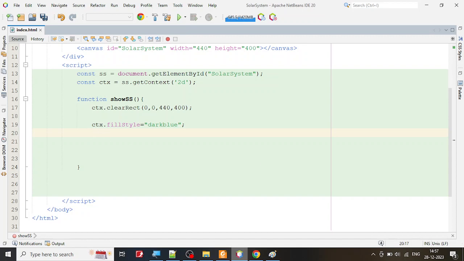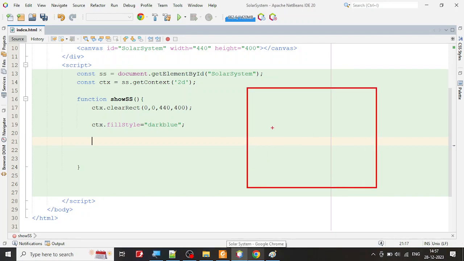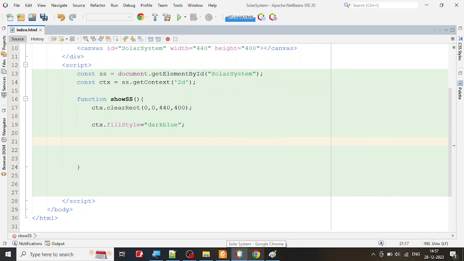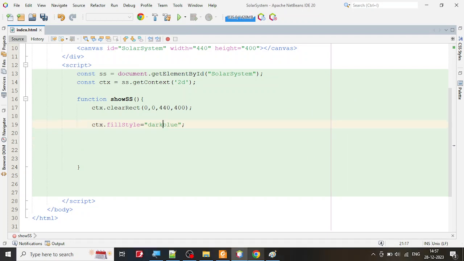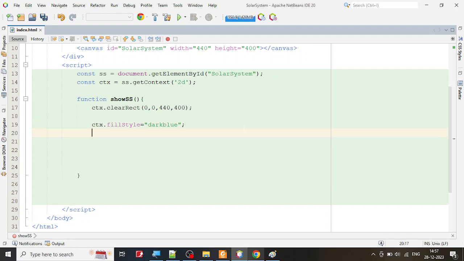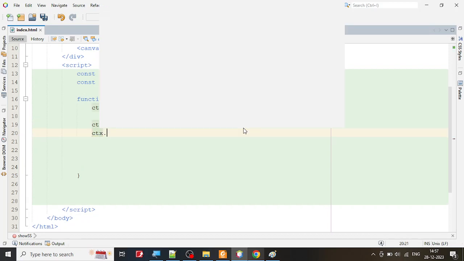Remember, I've cleared everything. First, I'm going to clear this rectangle. This rectangle was there, it is cleared first, and then I'm going to fill it with the blue color. So I've selected the color, fill style is dark blue, and I'm going to fill this rectangle. How do I do that?